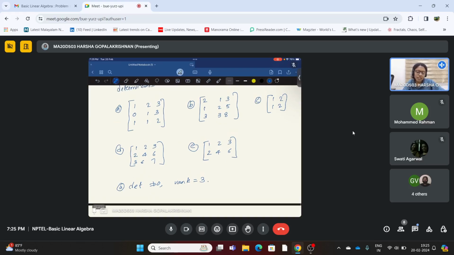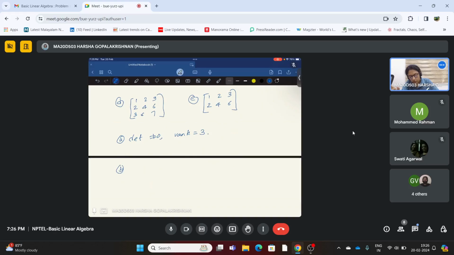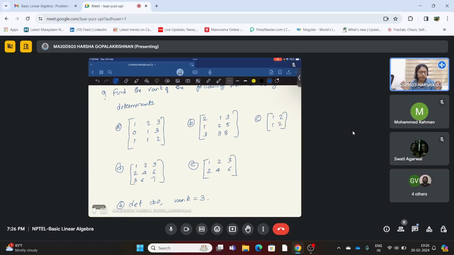Otherwise, by inspection, you can see the third row is the sum of the first two rows: 2 plus 1 is 3, 1 plus 2 is 3, 3 plus 5 is 8. So rank should be less than or equal to 2. Find the determinant of B. The determinant will be 0, and we can take any submatrix.